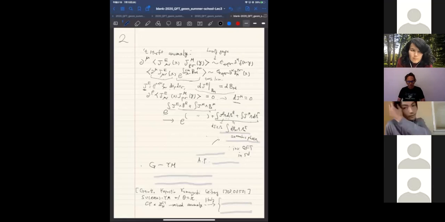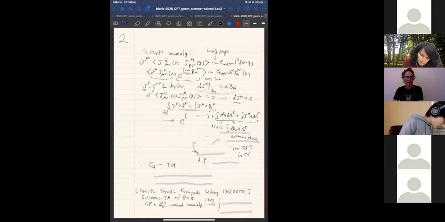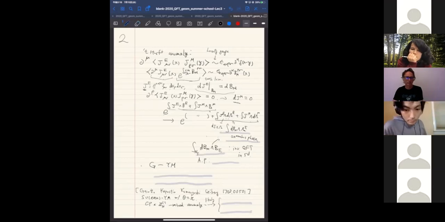This anomalous phase can be obtained by inflow. If you consider a five-dimensional invertible QFT with a term that looks just like this, then if you do the gauge transformation, you get d lambda E, and do the integration by parts.